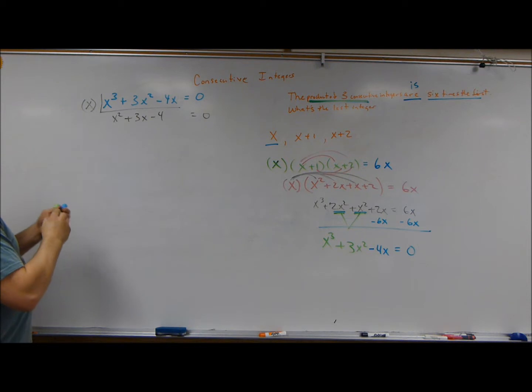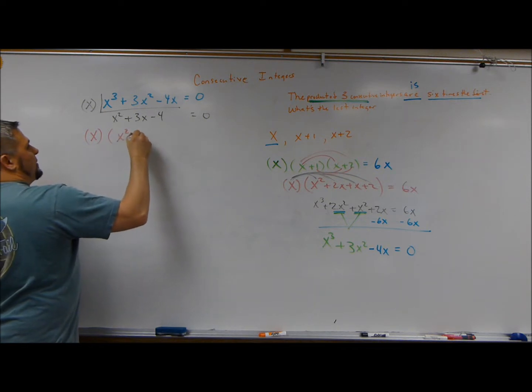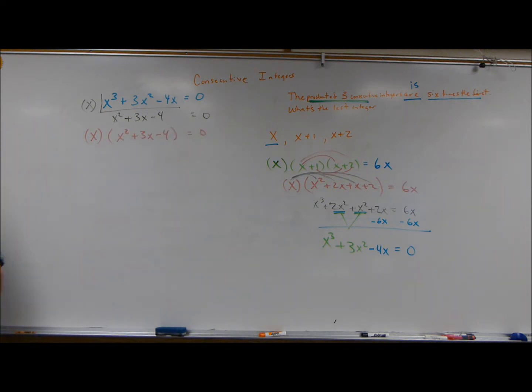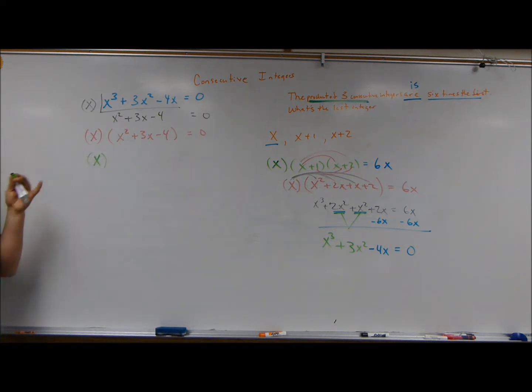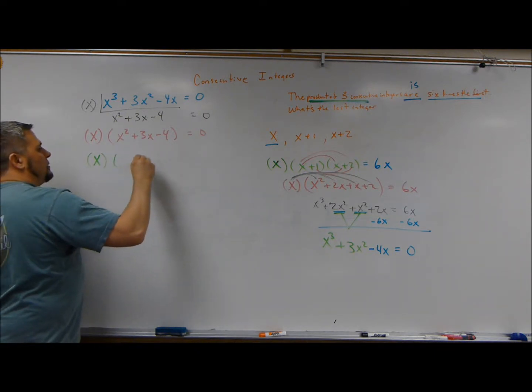So I can write this down as x times (x squared plus 3x minus 4) equals 0. Bring down your GCF, but now we're going to factor this one.